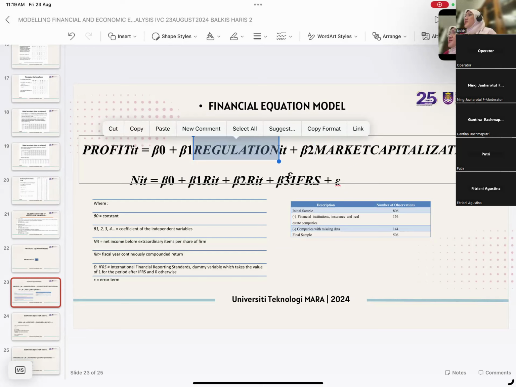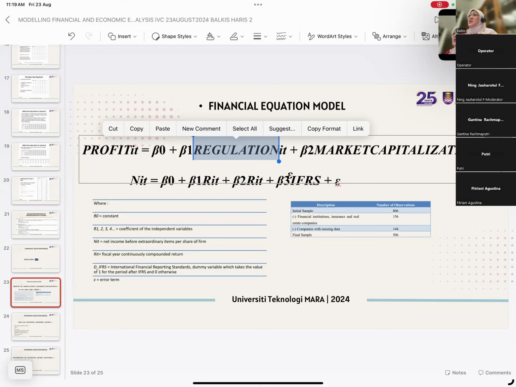The literature says that market capitalization is a proxy for the size of the company. Here, we would like to measure whether the new regulation imposed by the Central Bank of Malaysia is effective or not for all the financial institutions in Malaysia.